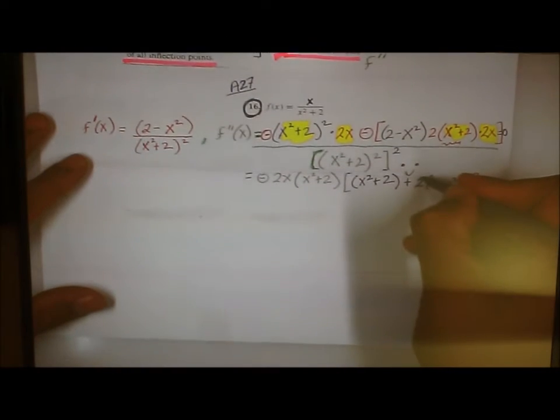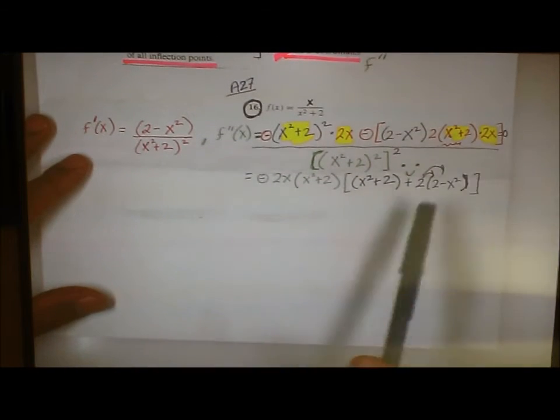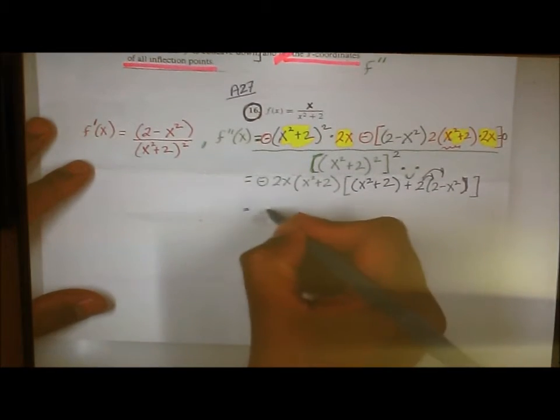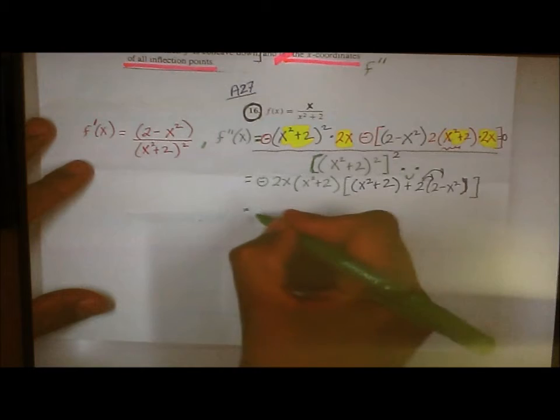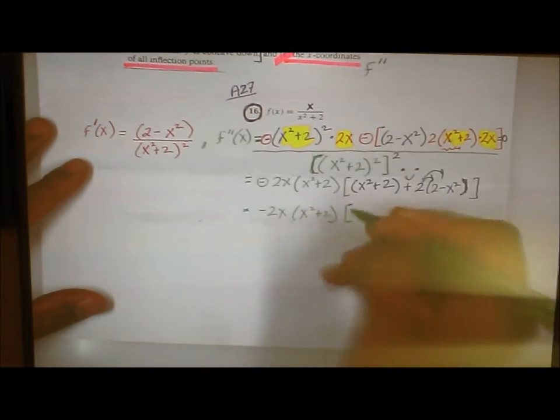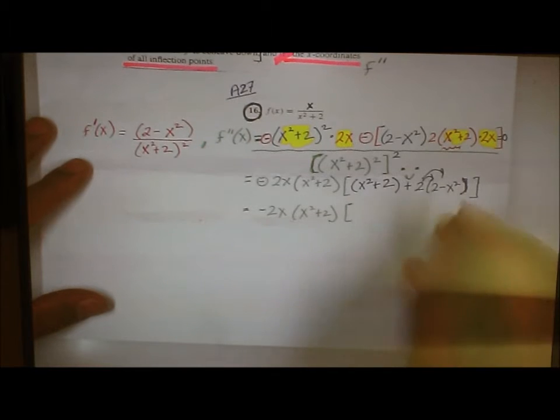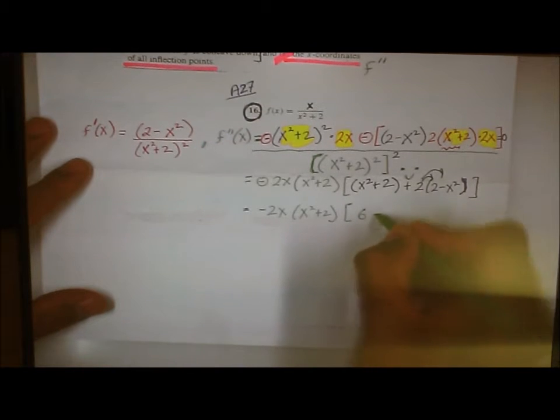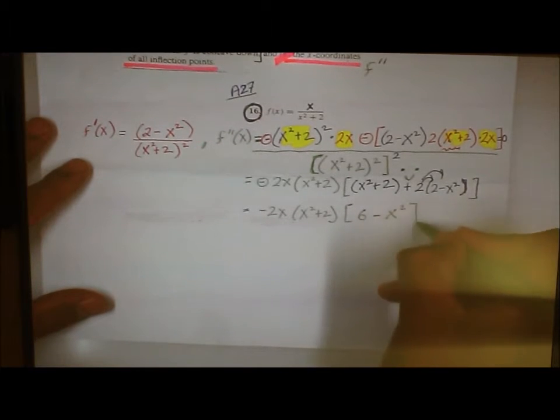Then I'm going to distribute this 2 and combine like terms in here. I end up with the part I factored out, plus the simplified part in here, which ends up being 6 minus x squared.